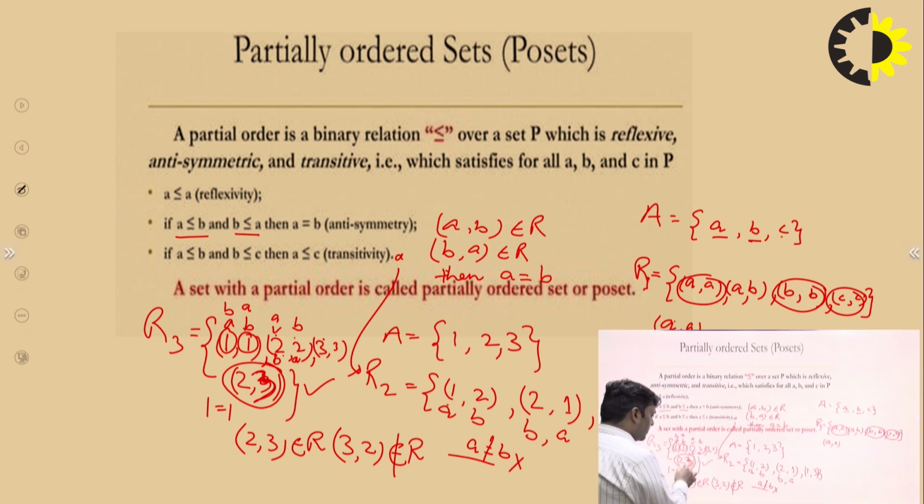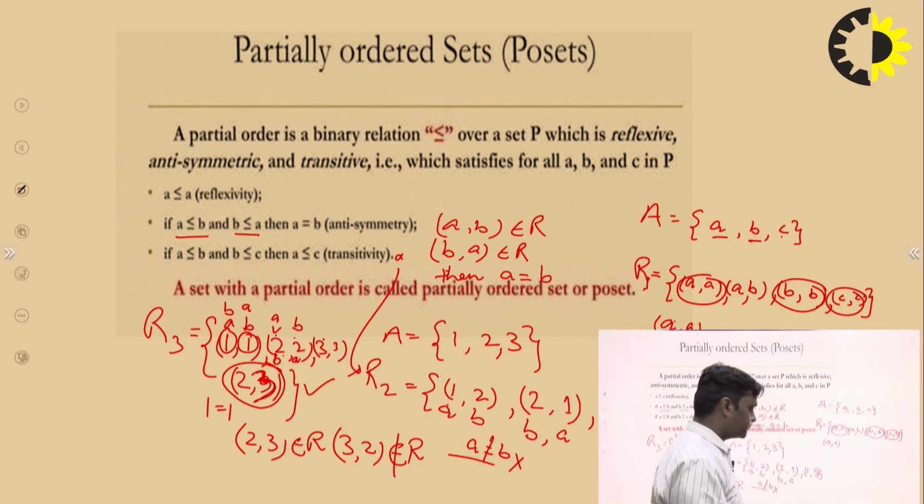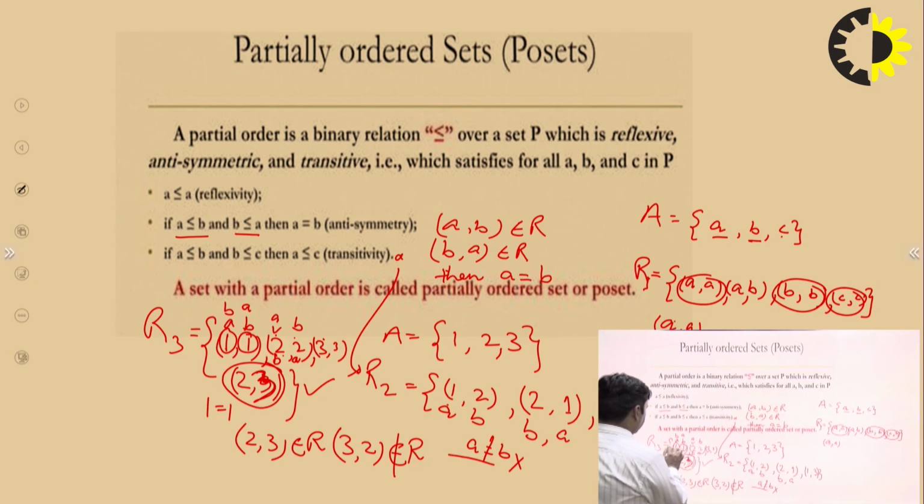Here (2, 3) belongs to R, but (3, 2) does not belong to R. So the given relation R3 is antisymmetric.